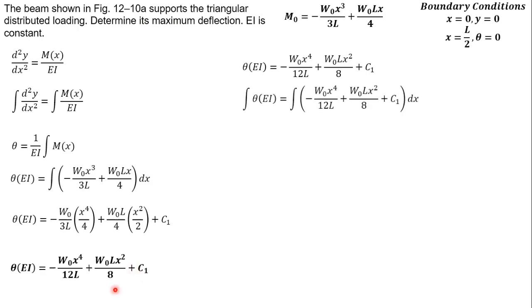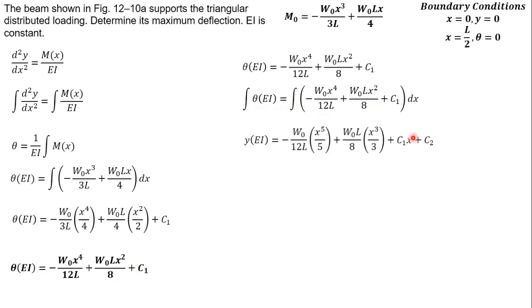Kapag in-integrate natin both sides, kunin natin yung integral of theta times EI is equal to integral of quantity W0 x to the fourth divided by negative 12L plus WL x squared divided by 8 plus C1 times dx.